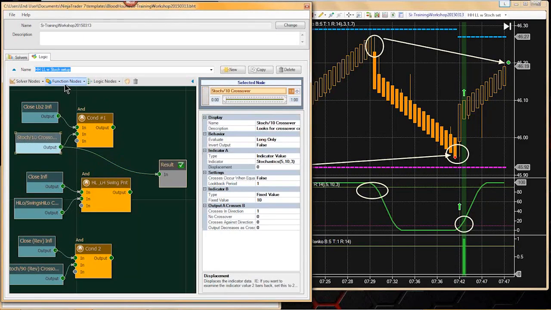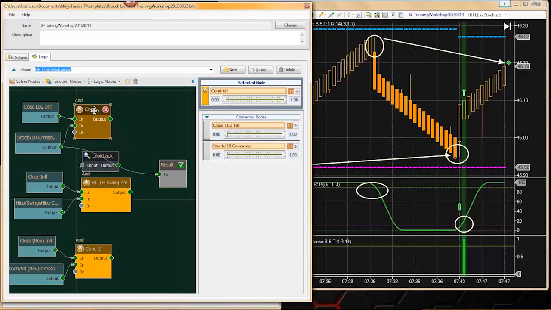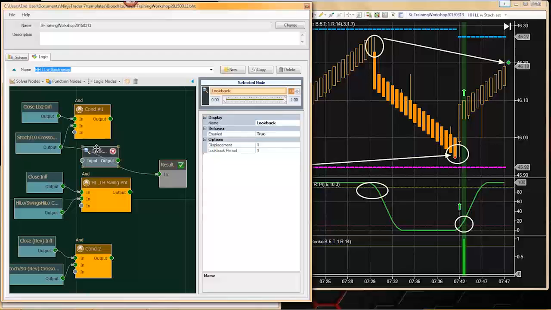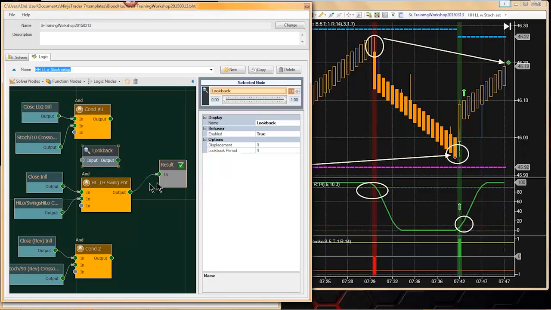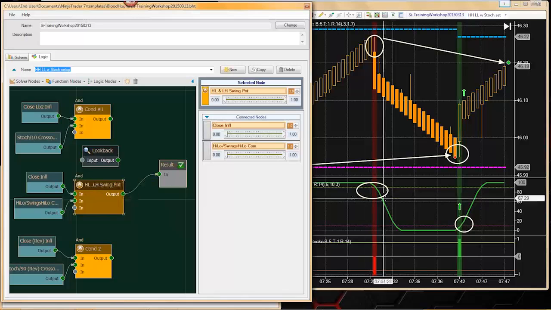Yeah, okay. I think, all right, just for the sake of simplicity, what I'm going to use is this look back. So this look back can be used to shift a signal forward. Yeah. So actually, I need to take this AND node, right?